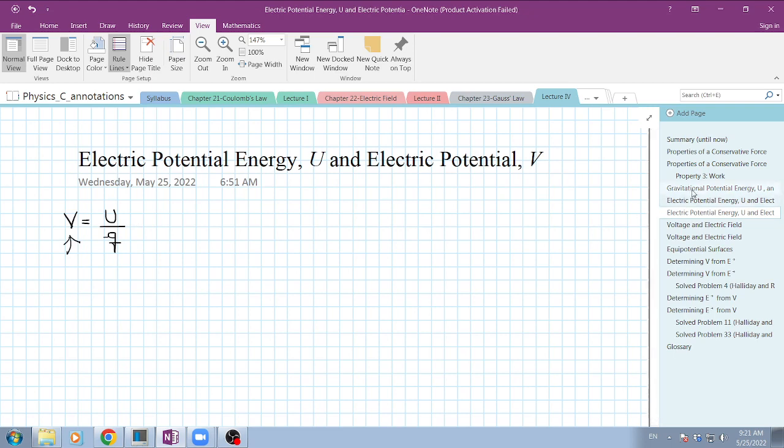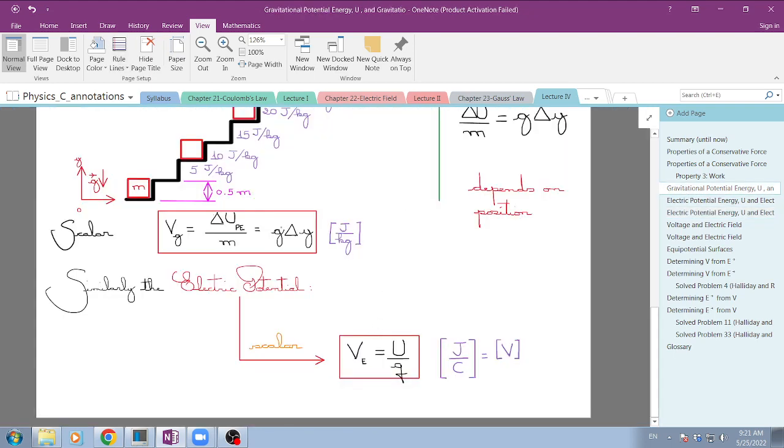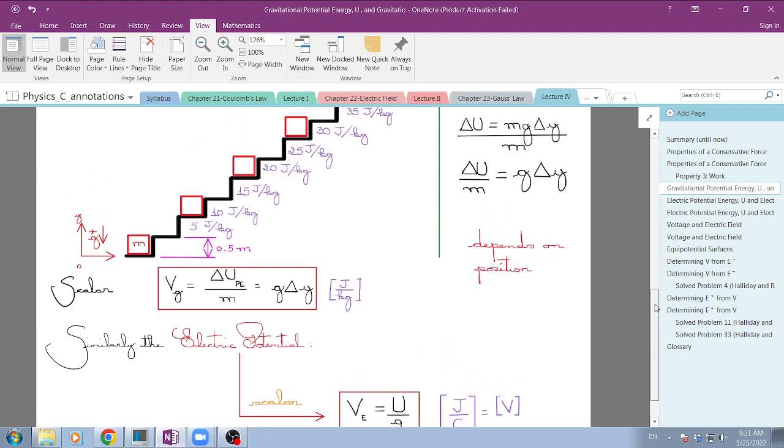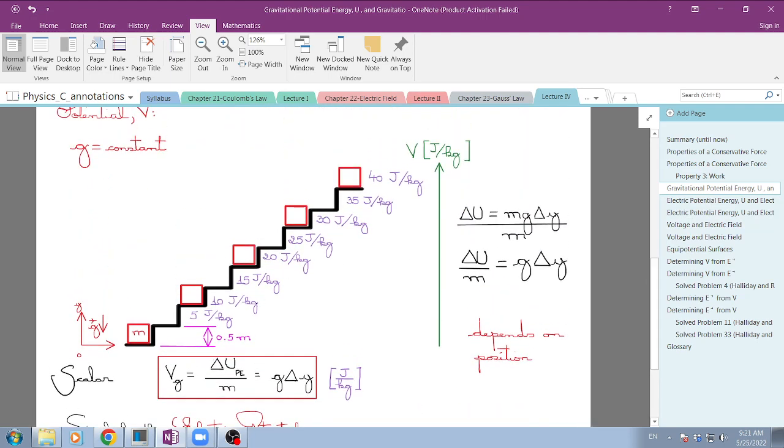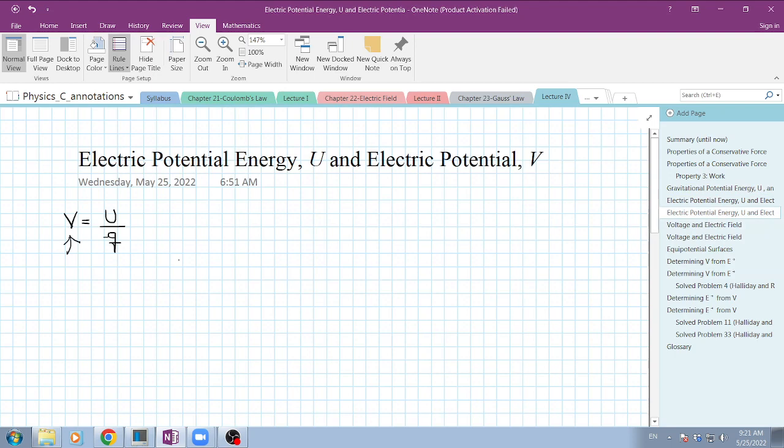Let's go back one. You can see that this is not going to depend on the charge. This is going to depend only on the potential energy. That's very good. That's the main point of doing this, because then you have something that can be applied for any arbitrary charge and not for a particular charge. That's very powerful.